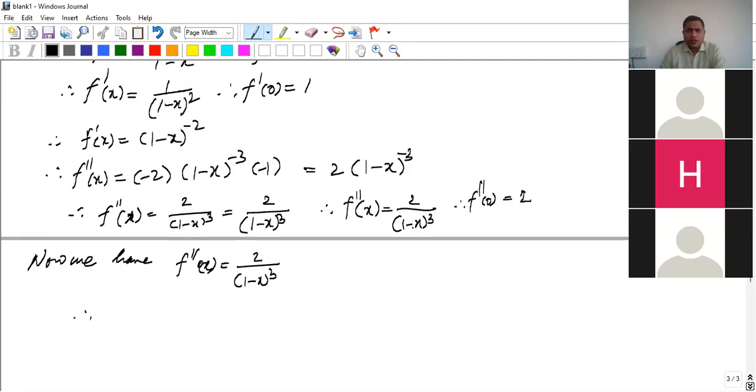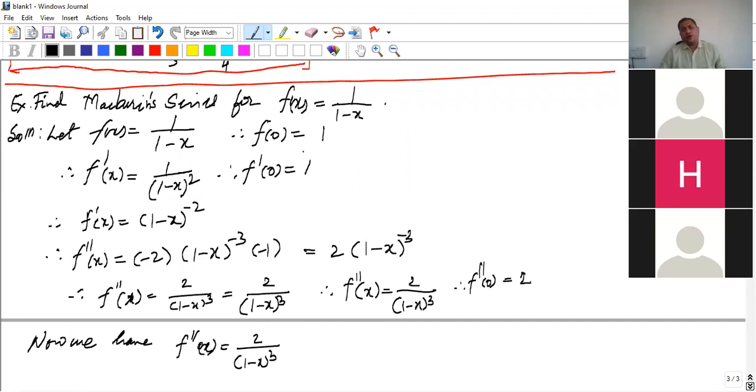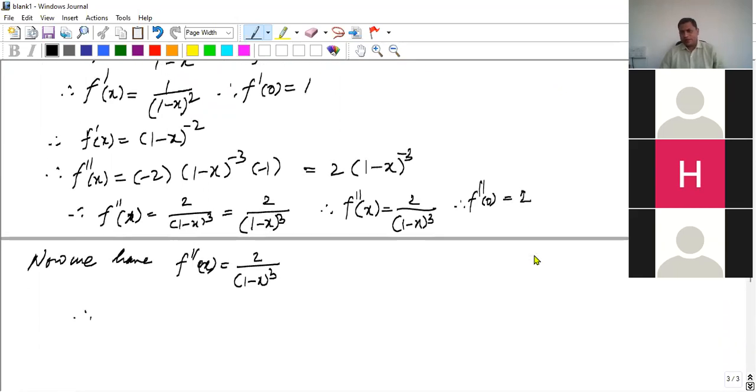See how many derivatives we have got. We got f at 0, f dash at 0, f double dash at 0. Now we'll calculate f triple dash at 0. So if we calculate f triple dash at x, we'll calculate for 0 later. Is that 6 upon (1 minus x) raised to 4?